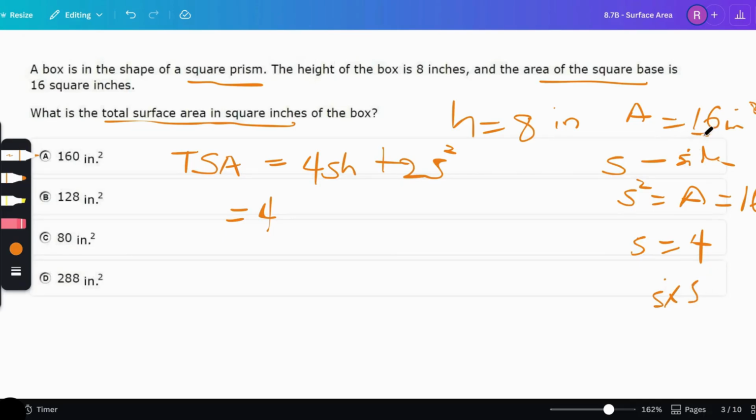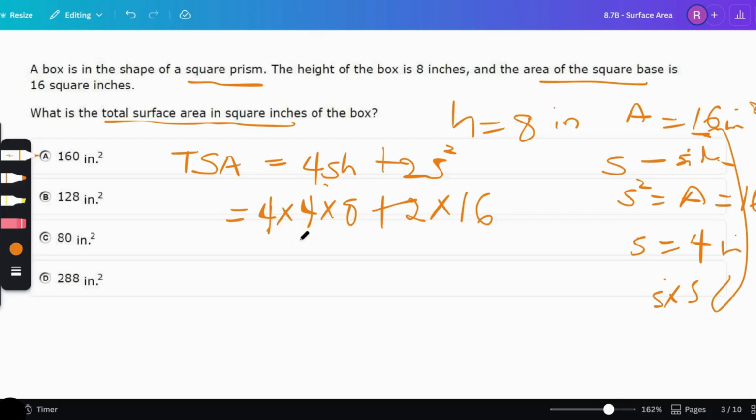So now that we've been given the area of the square, the side is 4 inches. Now the formula: 4 times the side, which is 4 inches, times the height, which is 8 inches, plus 2 times the base area, which is 16.